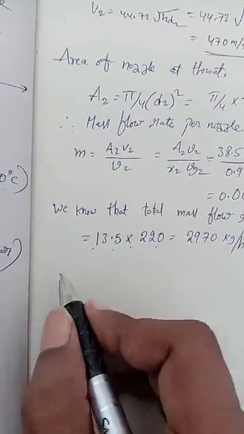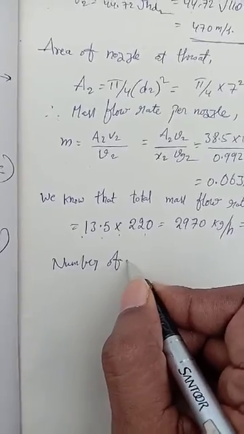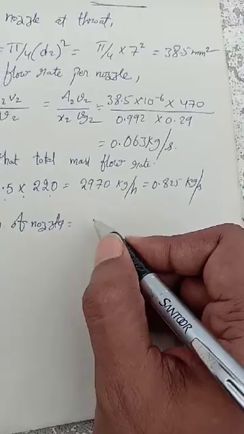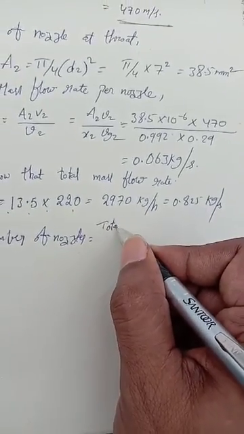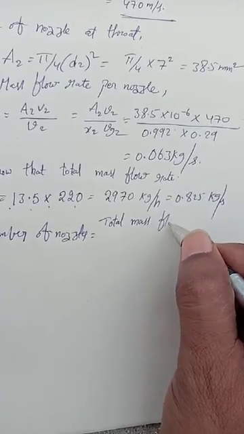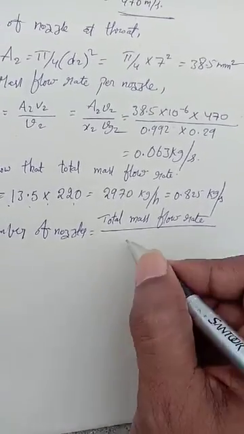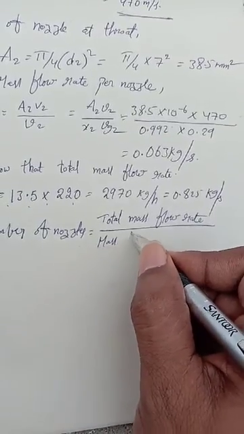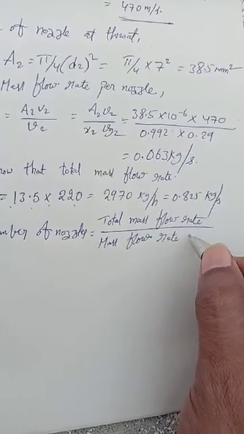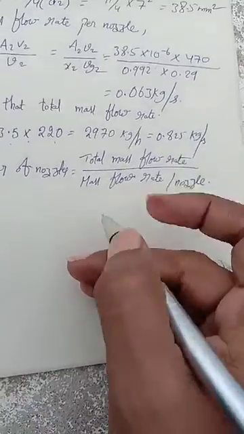Now the number of nozzles is equal to the total mass flow rate divided by the mass flow rate per nozzle.